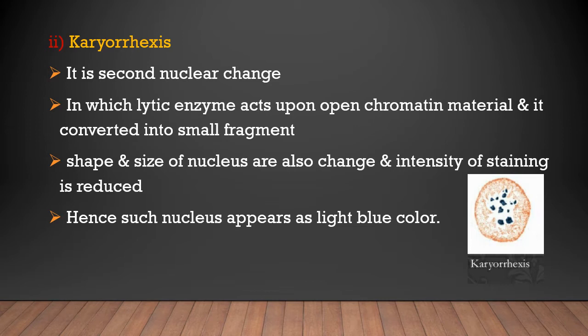Because of that, the shape and size of the nucleus are also changed, and the intensity of staining is reduced. In pycnosis, chromatin material is only exposed, but in karyorrhexis the breakdown of the chromatin material is seen, and because of this the intensity of staining is reduced. Many small dots are seen, because the chromatin material is lysed or converted into small fragments.